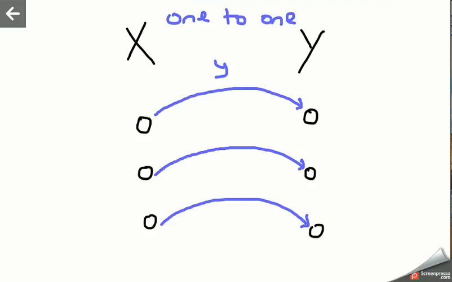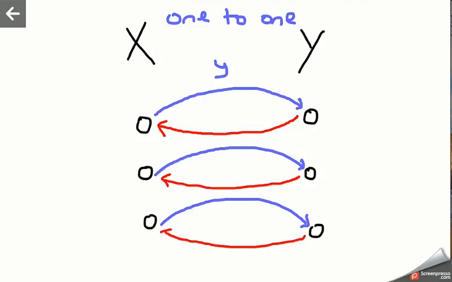Well, what that means is that we can go backwards. Because the function y is one-to-one, we can actually go backwards. We can take this point here and send it to the point it came from. Same with this point here, and same with this point here.